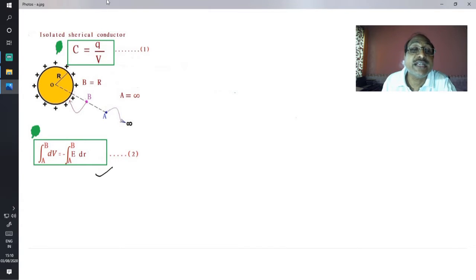Therefore, we use the second equation. Suppose point A is placed at infinity and point B is placed at its surface.